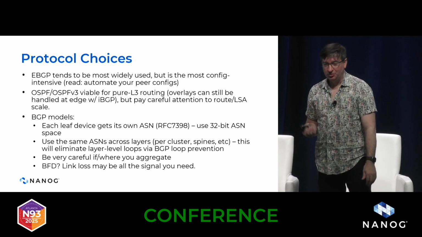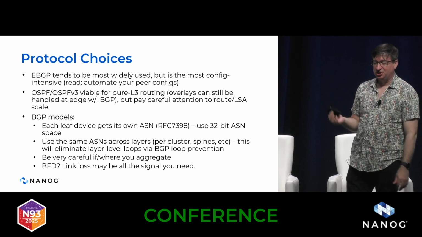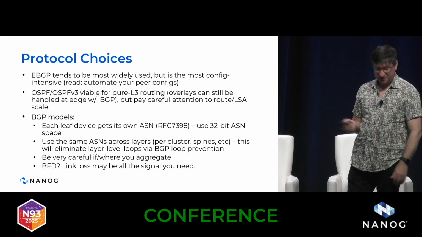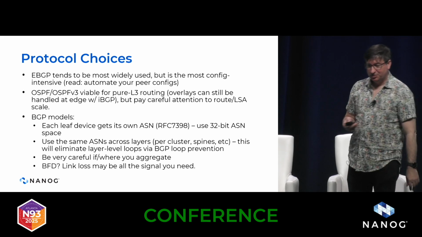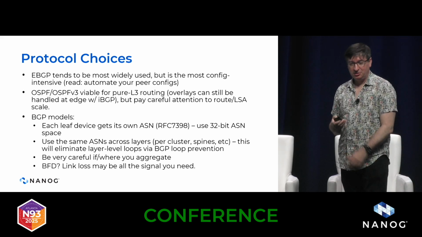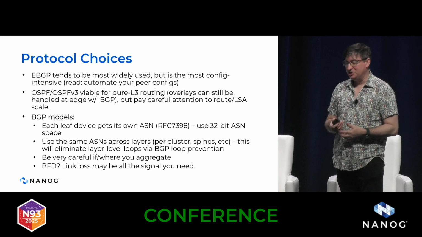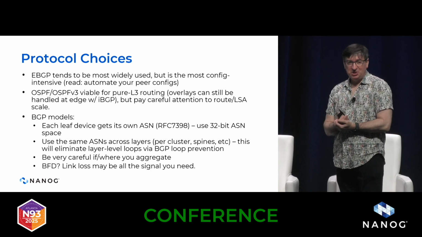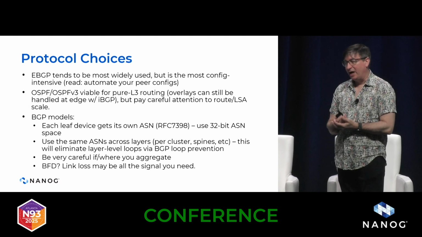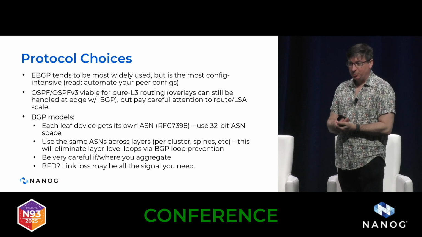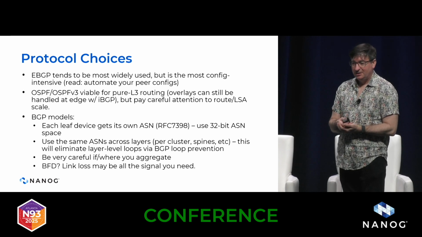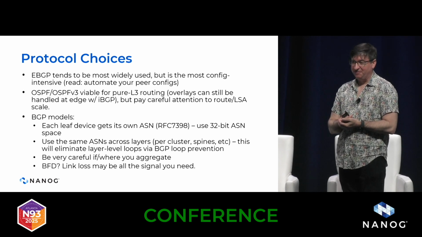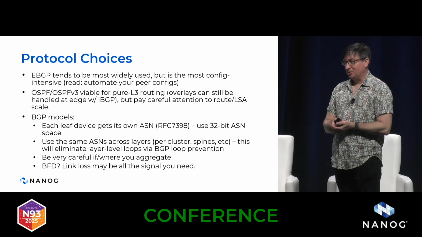So going into what I originally called the gory details section, we can talk about some protocol choices, and I'm going through this a little bit slower than I thought, so I will speed through this as reasonably as I can. eBGP, as I mentioned, tends to be the most widely used routing protocol on a fabric, but it's also the most configuration intensive. So again, automate your peer configs. There's some things you could turn on.